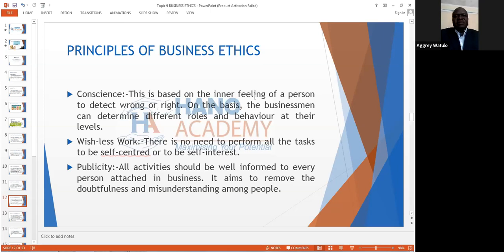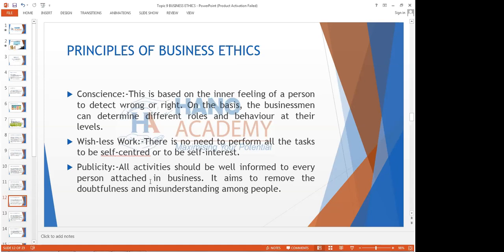We have the question of publicity. All activities should be well informed to every person attached to the business. It aims to remove the doubtfulness and the misunderstanding among people. So the question of publicity is also key here.